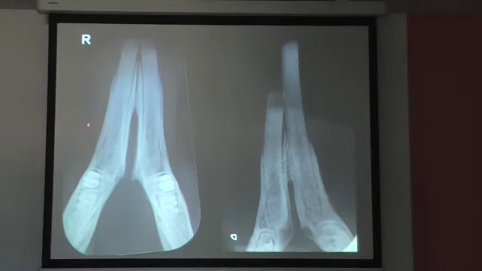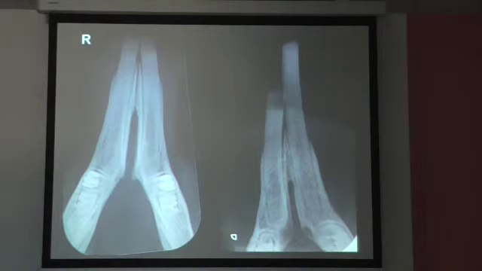This is the normal X-ray of the lower incisor. And these incisors were cut by scissors. Here you can see that the pulpar cavity is open at the crown of the incisor.